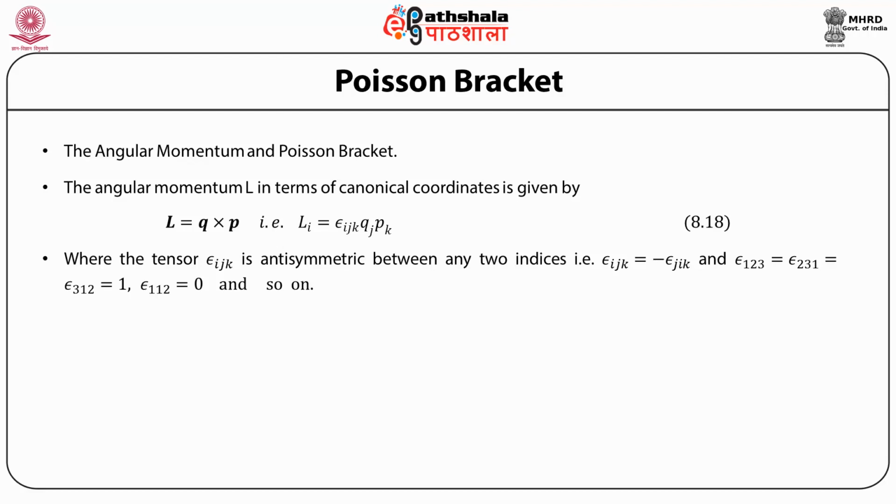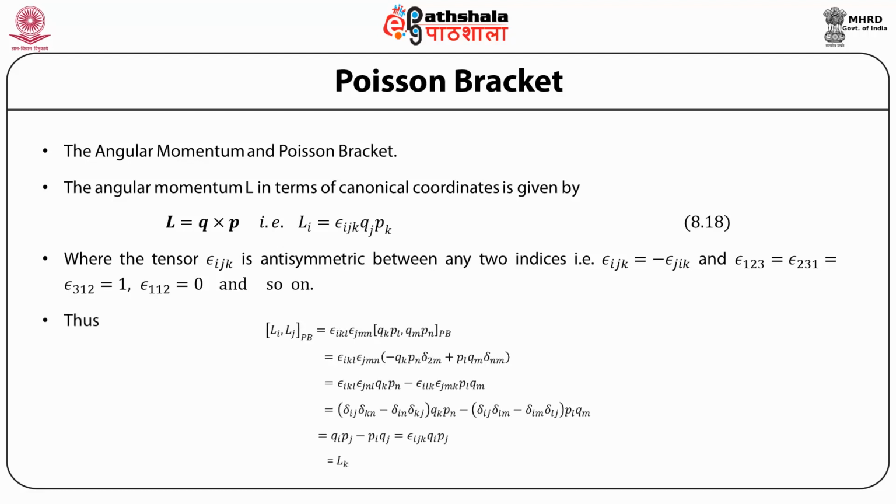So if you now calculate the Poisson bracket between the ith and jth components of the angular momentum, that is, the Poisson bracket of Li, Lj, this is equal to epsilon ikl epsilon jmn times the Poisson bracket of QkPl with QmPn.